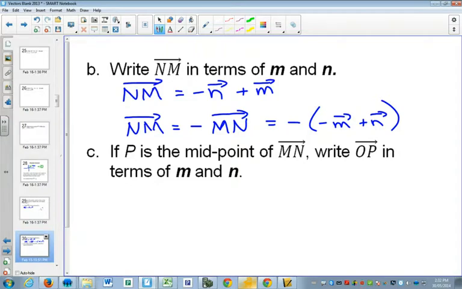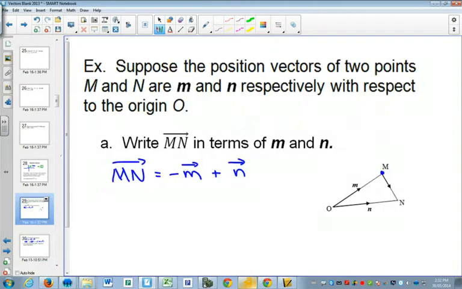Now what's really cool about vectors is you can start to do some complicated mathematics with them and figure out complicated vectors and all sorts of things just by using position vectors. So I'm going to go back to our diagram. We're going to imagine we've got a point P, which is the midpoint from m to n.